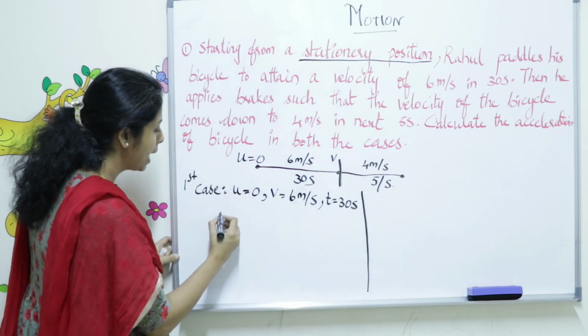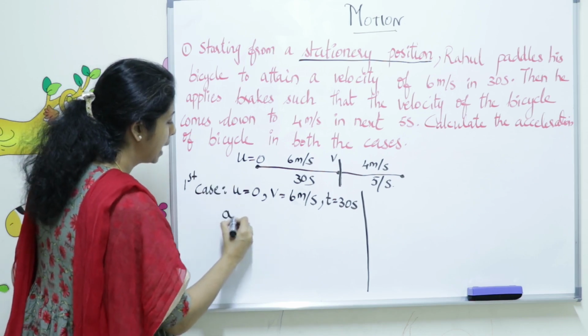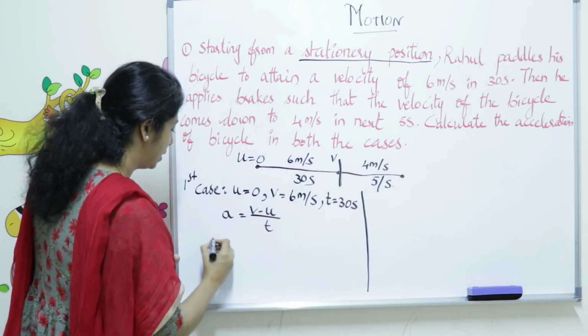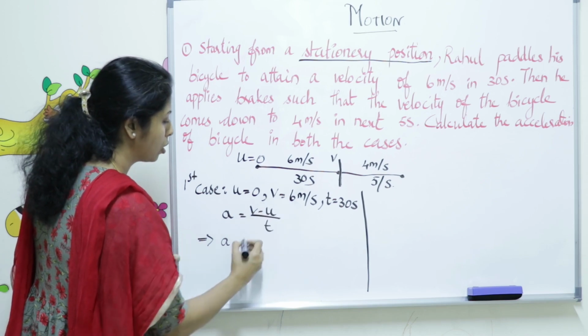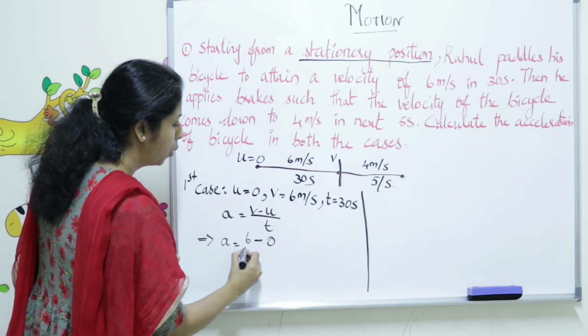By applying the formula, what is the formula of acceleration? a = (v - u)/t. Therefore, a = (6 - 0)/30.